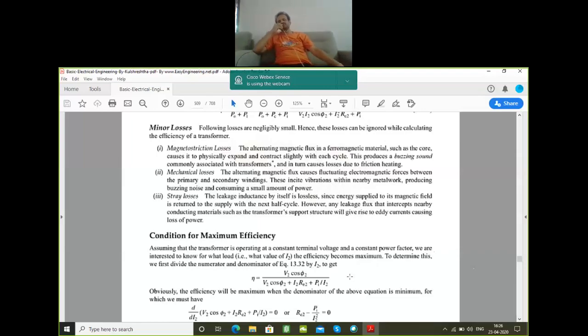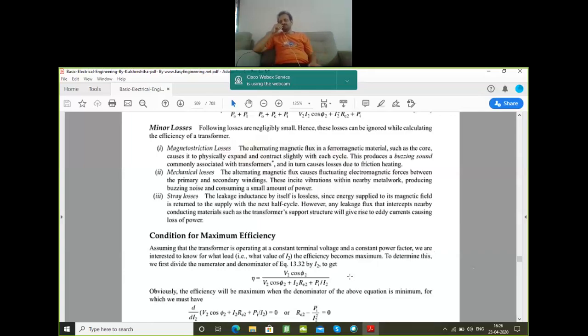For maximum efficiency, the derivative of the denominator is 0.